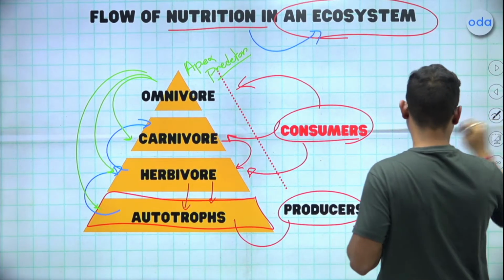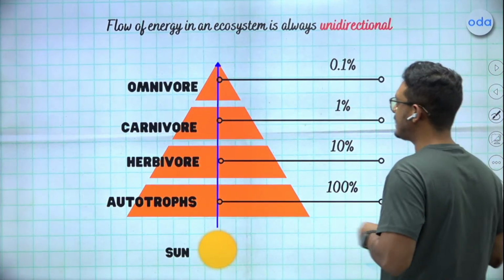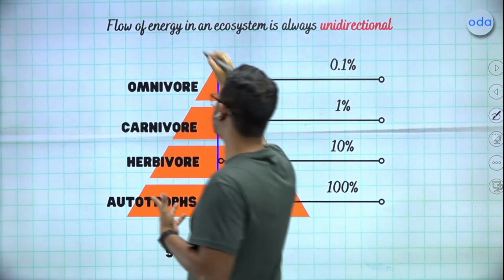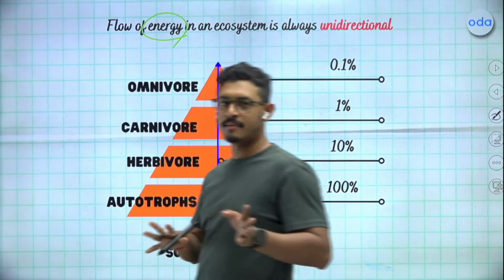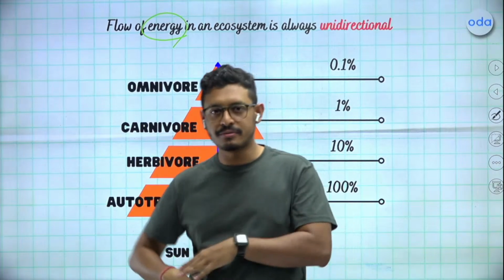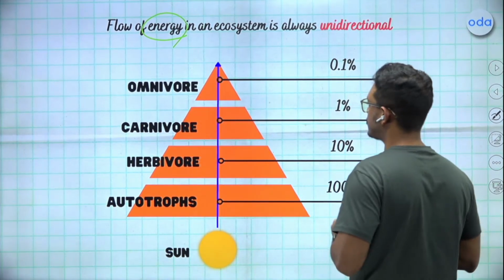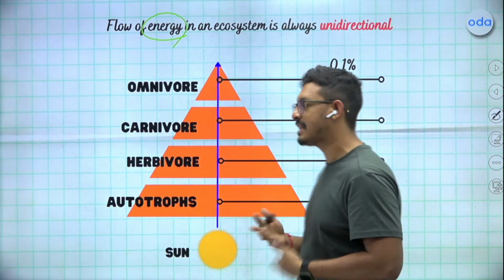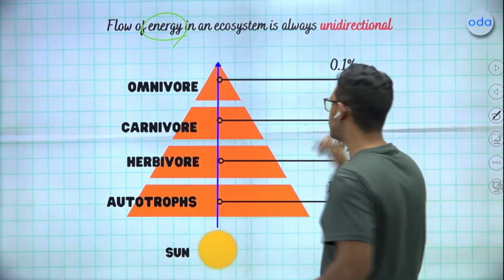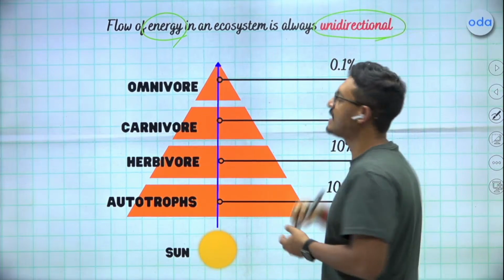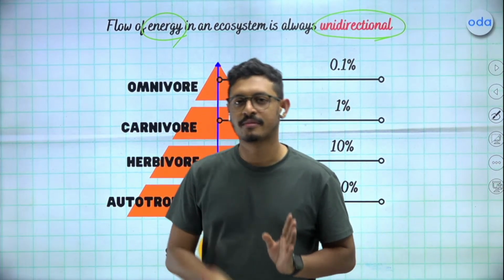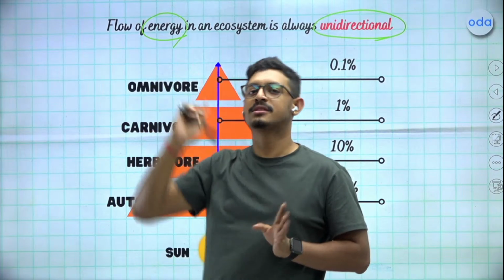Now, moving forward, let's talk about the flow of energy in an ecosystem. We learned about the food, nutrition, how nutrition is going through the entire flow in any ecosystem. Let's talk about the energy. When it comes to the flow of energy in an ecosystem, remember that it is always unidirectional. It is only going to go from starting point till the end, which is apex predator.